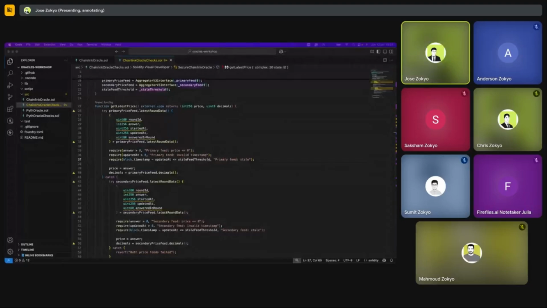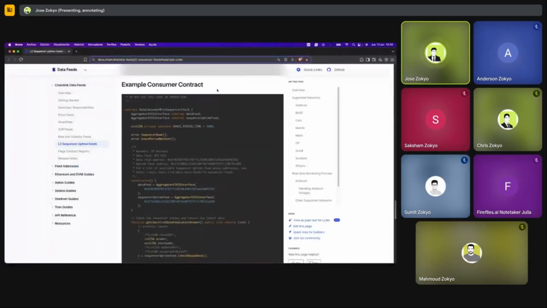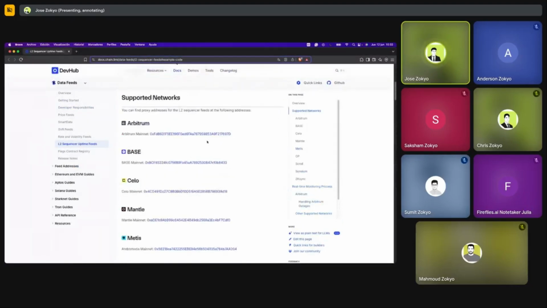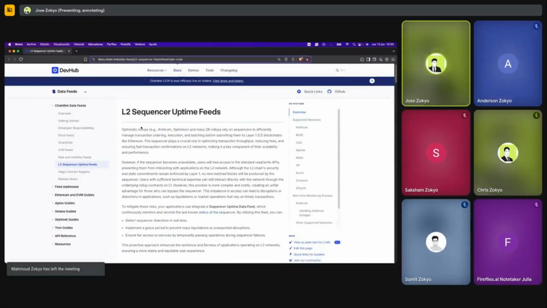So for these cases, we also have an article here. Don't worry, because I'm going to be sending all the references at the end of the day. But you have here an example from the Chainlink docs, which explains how the sequencer uptime feed works for layer 2 blockchains.